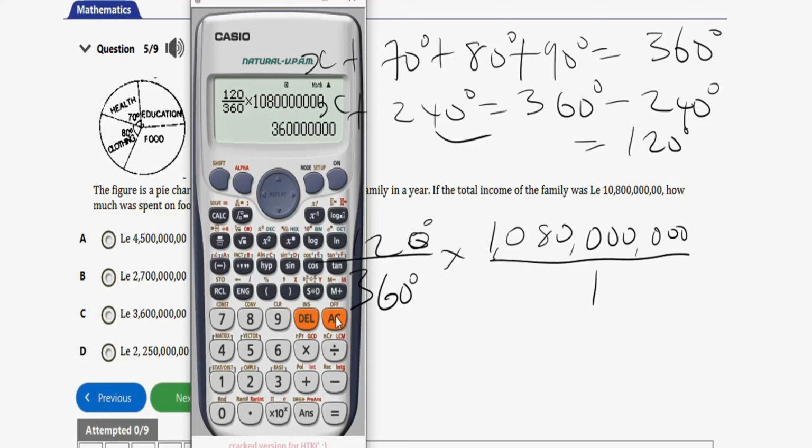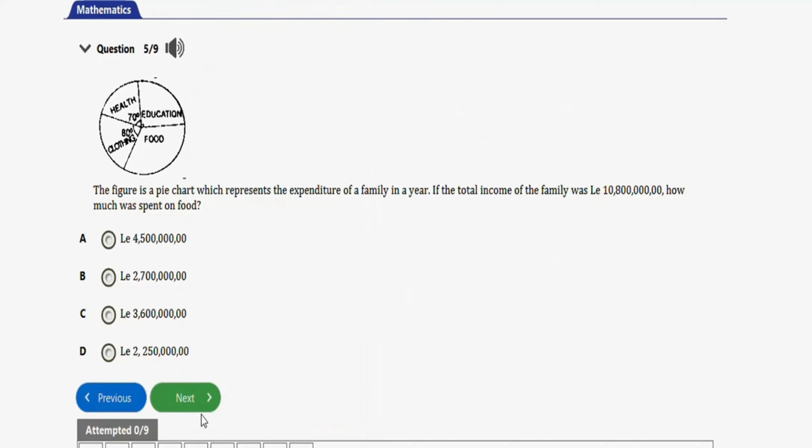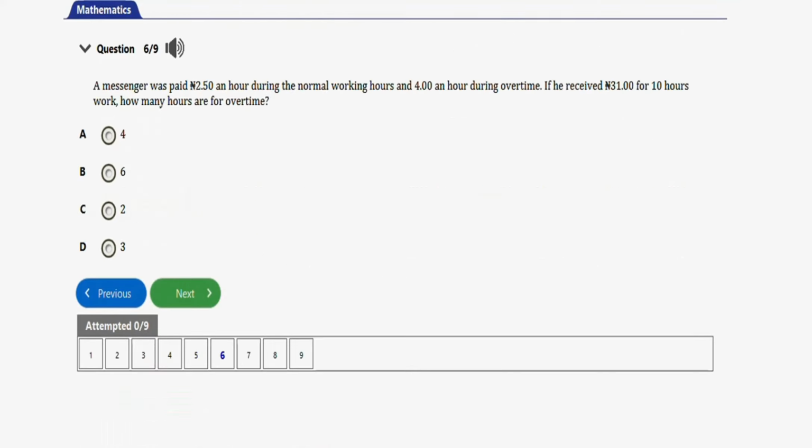Okay, so that's it for this question. Let's wipe this now and solve the next repeated question. So the next repeated question will be this one. It says a messenger was paid 2.5 naira an hour during the normal working hours and 4 naira an hour during overtime. If he receives 31 naira for 10 hours work, how many hours are for overtime?